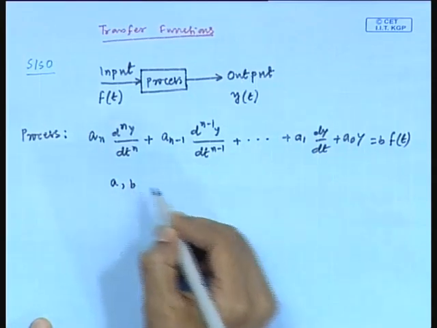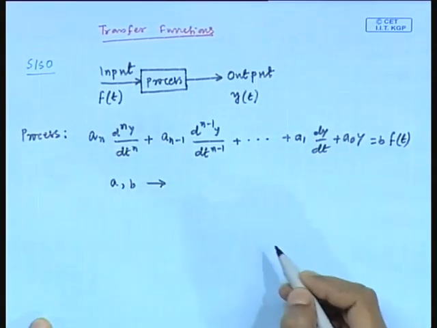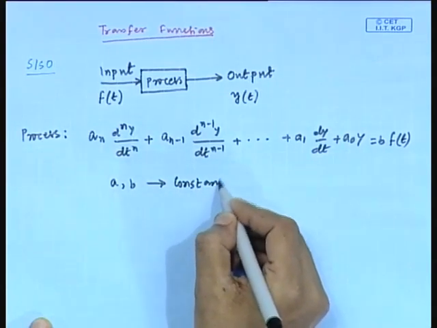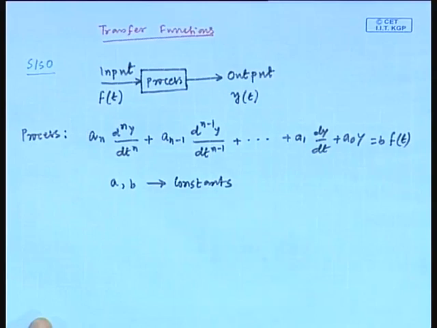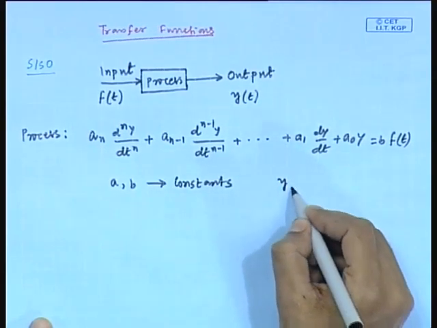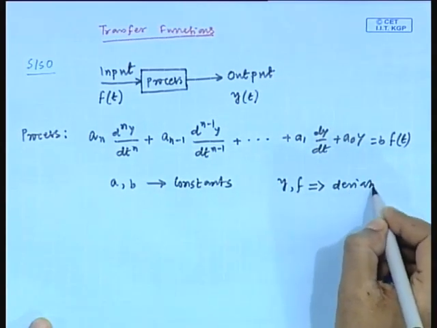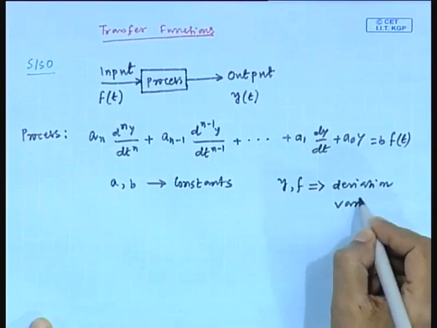a and b are constant coefficients, and both output and input are deviation variables.